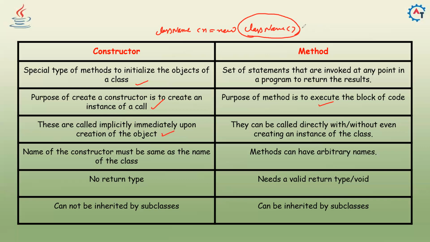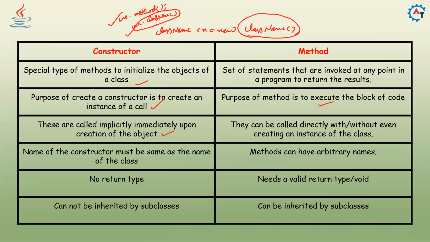If you want to call a method, normally you call object dot method, as we have seen. But if it is a constructor, there is no need to call it explicitly like cn dot class name. This is not needed.